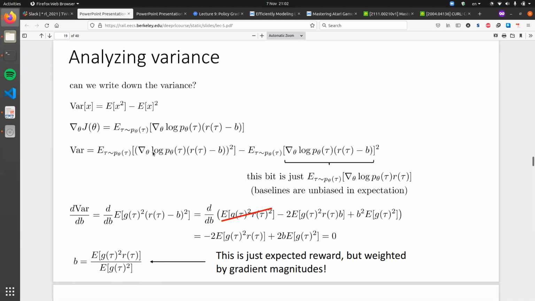Using the estimate of value for a particular state, as we did, is often a good choice for a baseline. But you can dive into the details and see why this derivation makes sense, and how we can select a baseline that minimizes the variance of the objective. That's just an interesting thing to look at.